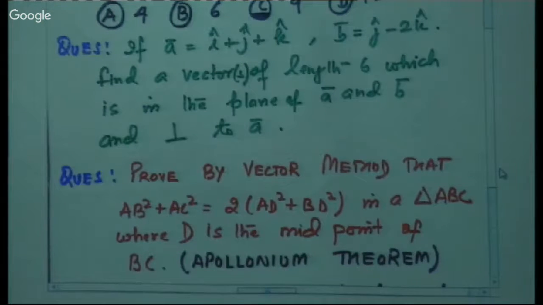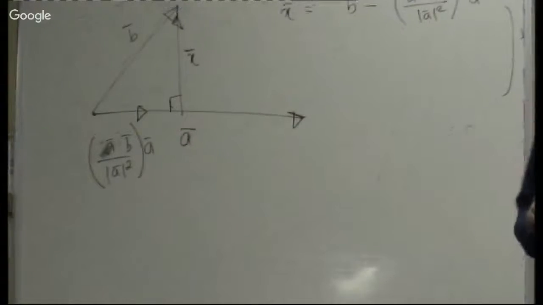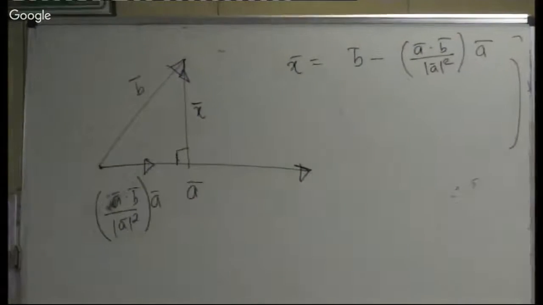Using the concept of triangle law, I can say this plus this is this, so this is equal to this minus this. So I can say x vector is b minus a dot b upon mod a square a. This is the vector of my interest.